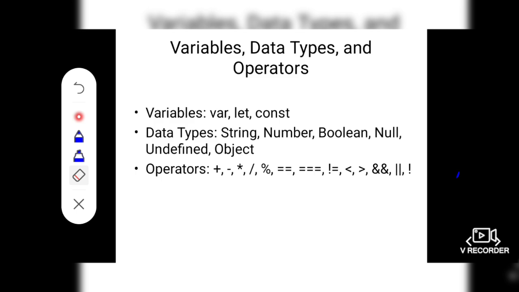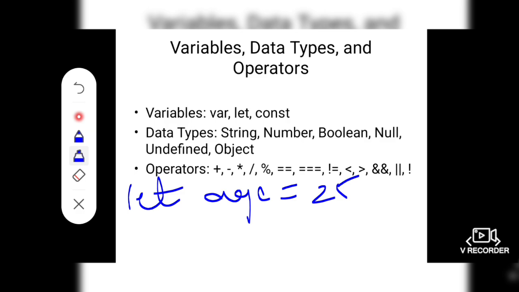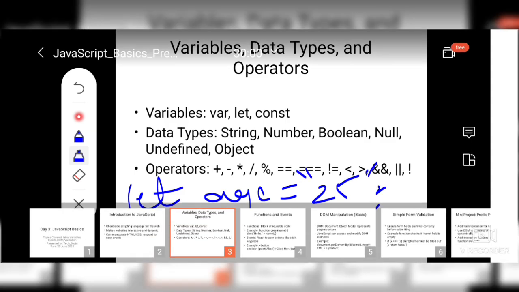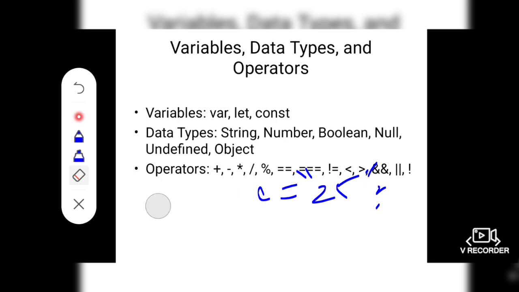For suppose we can take let age equals to 25. Further, I'll explain how to use all these variables while writing the code, so you can understand.